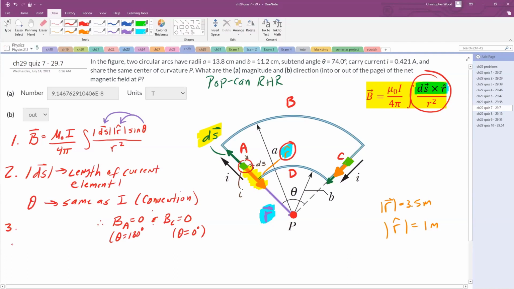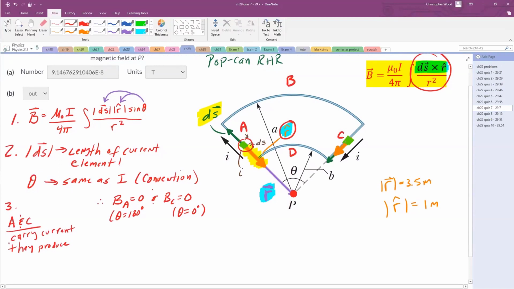Segment A, so what's a good way? A and C, I should say. A and C, they both carry current. So that's good to know. Obviously, they carry a current, and they produce a magnetic field. If there's current flowing, you will have a magnetic field that gets created.